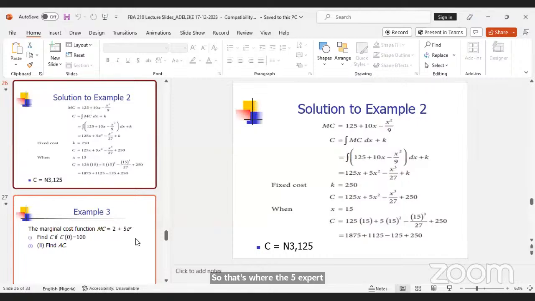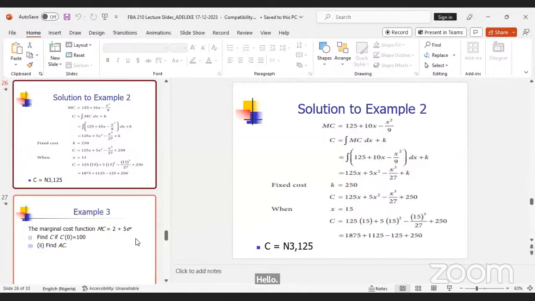And then you also have minus x squared over 9. Minus 1 over 9 is a constant. You bring it out. Integrate x squared itself. If you integrate x squared, that will be x to the power of 3 all over 3. So the 3 will multiply 9 at the denominator. So that's where we are having the minus x cubed all over 27. And of course, plus k.